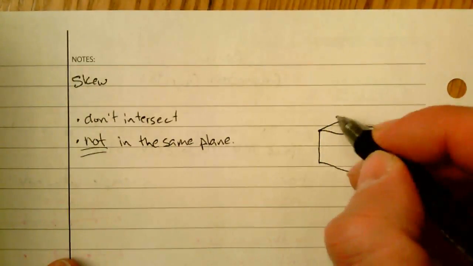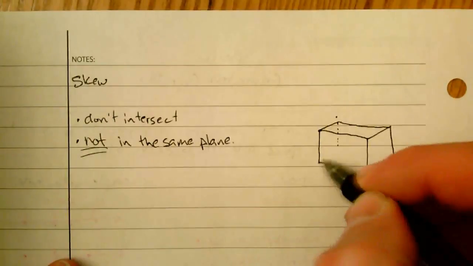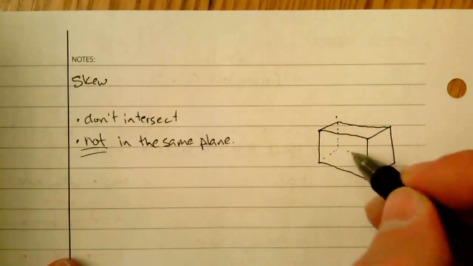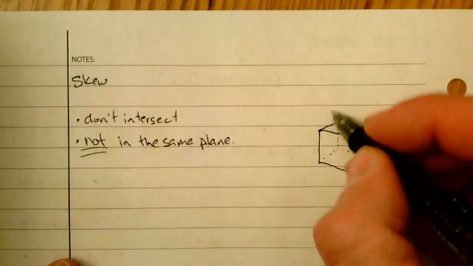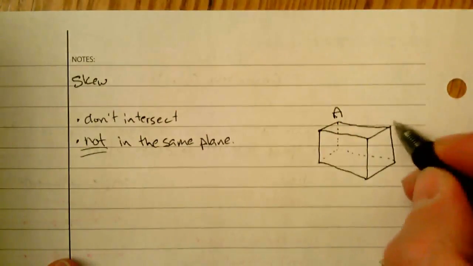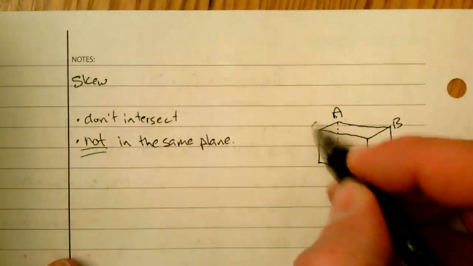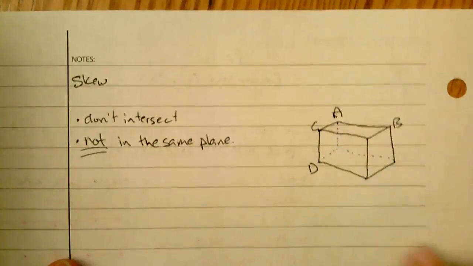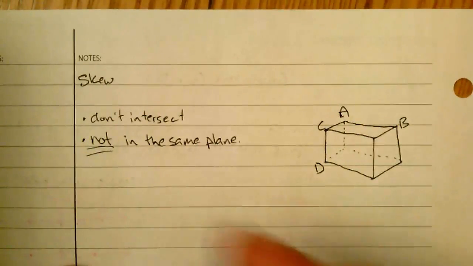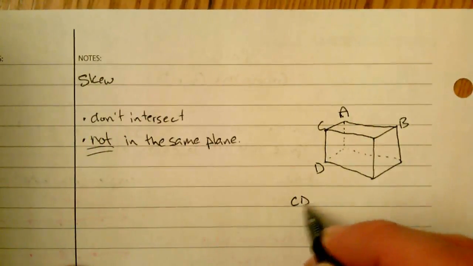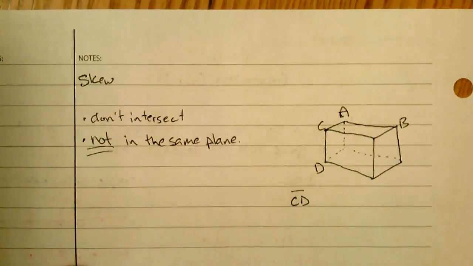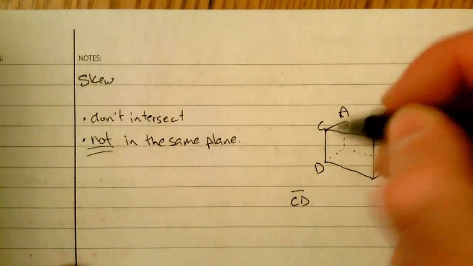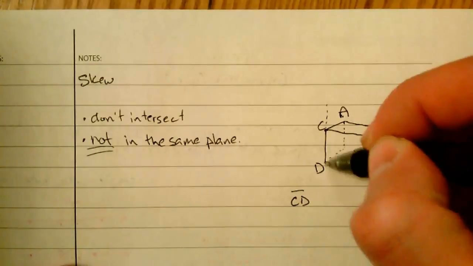Okay. If we call this back corner, say A, we'll call this over here B, we'll call this C and this D, we would say that CD, and technically we would probably want to talk more about lines.